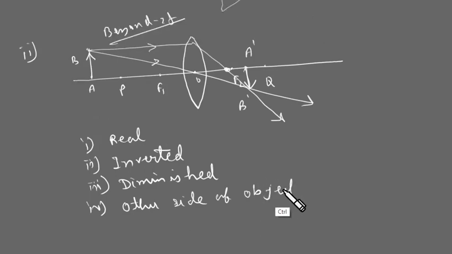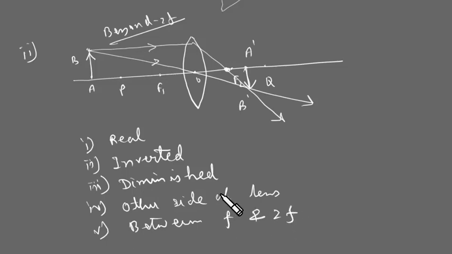as the other side of the lens, and it is formed between F and 2F, where this OF2 is the F distance and OQ is the 2F, right?